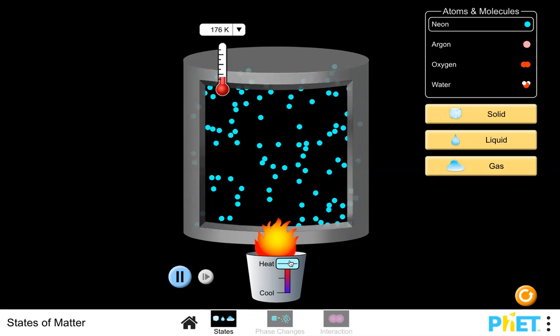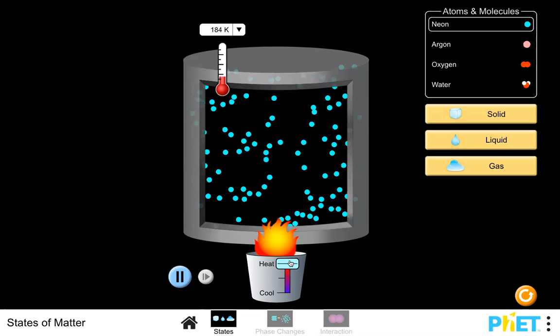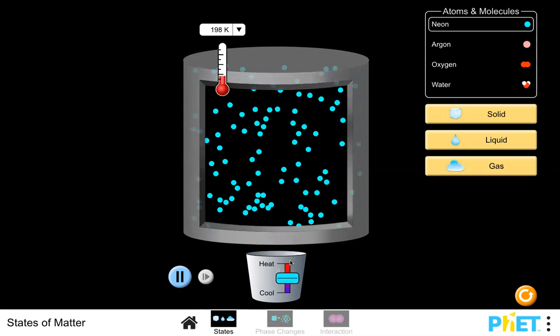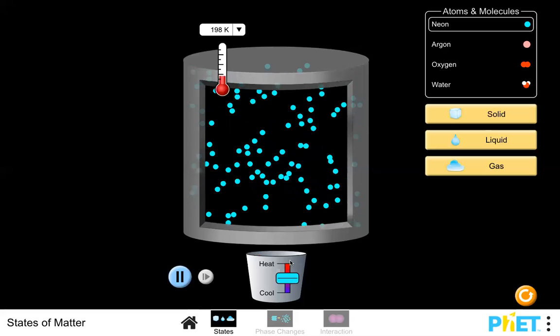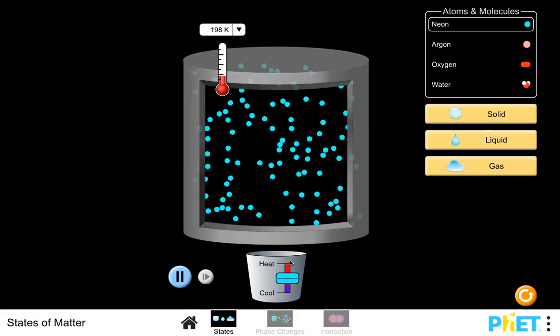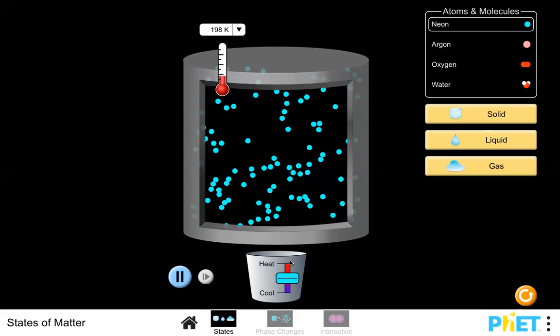Therefore, it does not have a definite shape. You can see this temperature is around 200 Kelvin. Temperature can be measured in a few units: one is Kelvin, another is Fahrenheit, another is Celsius.